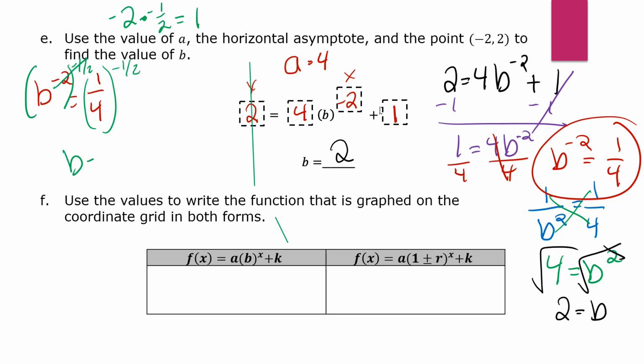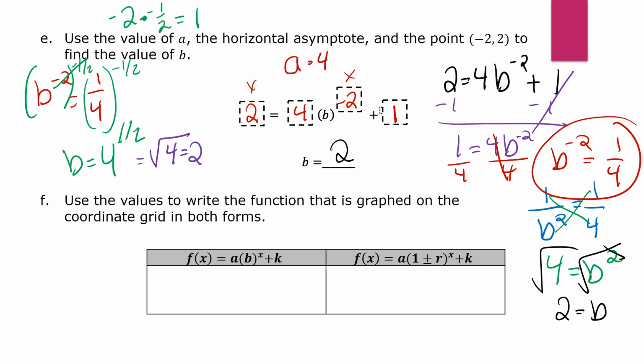So b equals, that would cancel on the left and give me just b. And then to make this negative 1/2 positive, I would flip my 1 over 4 and make it 4 over 1. So then it becomes a positive exponent. And then changing this to a radical, 1/2 as a radical is the square root of 4. So we get 2. So either way works, kind of just up to you how you prefer to solve.